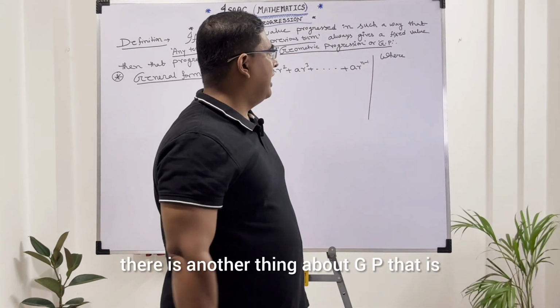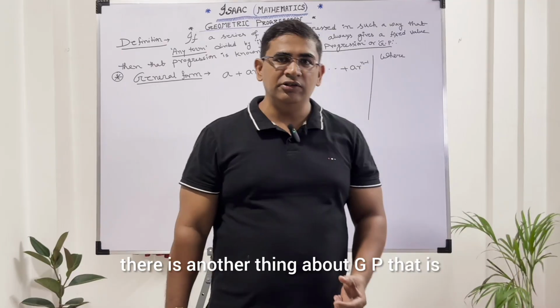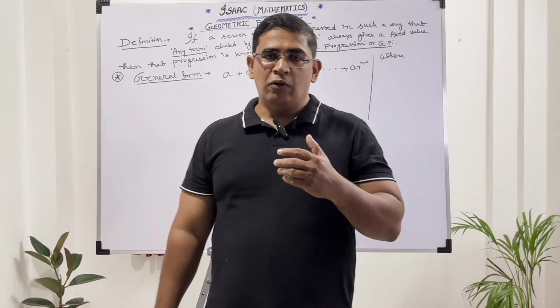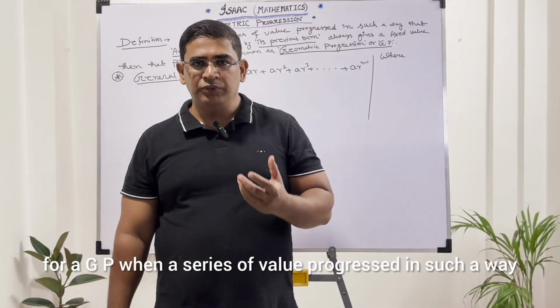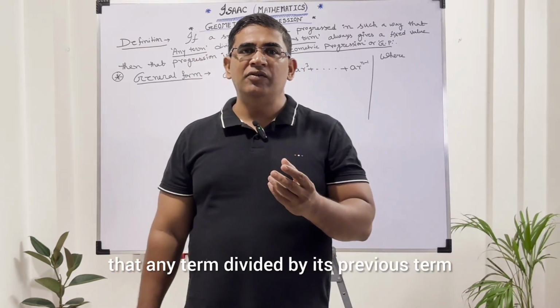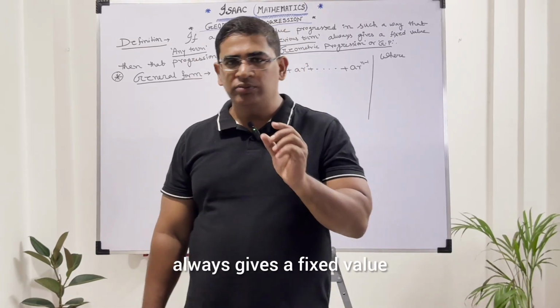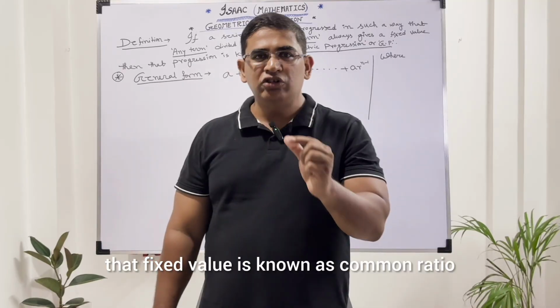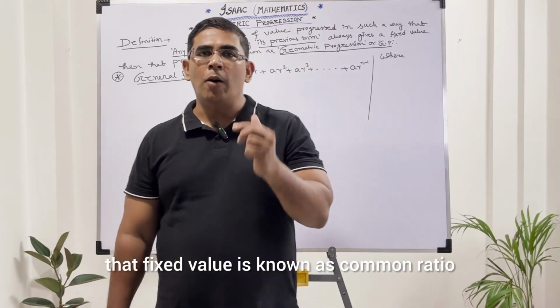There is another thing about GP. For a GP, when a series of values progressed in such a way that any term divided by its previous term always gives a fixed value, that fixed value is known as the common ratio.